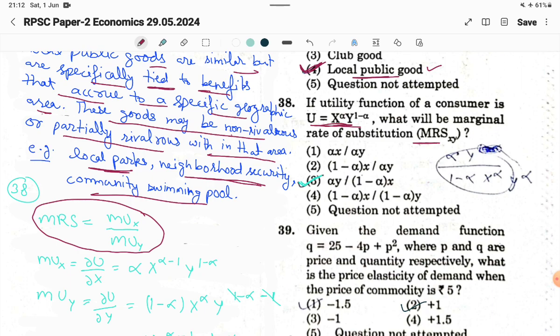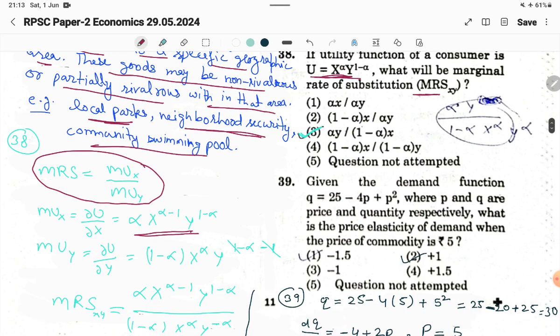So that's why there should be the partial derivative of total utility with respect to x. It will be alpha x^(alpha minus 1) y^(1 minus alpha), and the marginal utility of y is equal to (1 minus alpha) x^alpha y^(1 minus alpha minus 1). So minus 1 and plus 1 will cancel out, and the power y^(minus alpha) will remain.